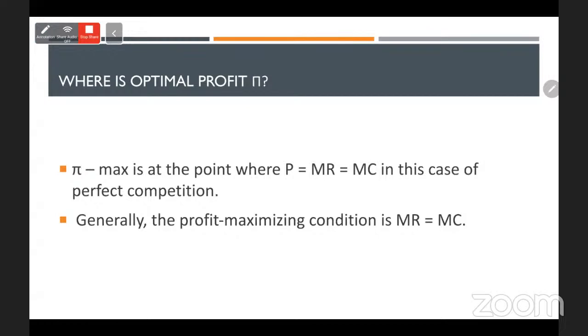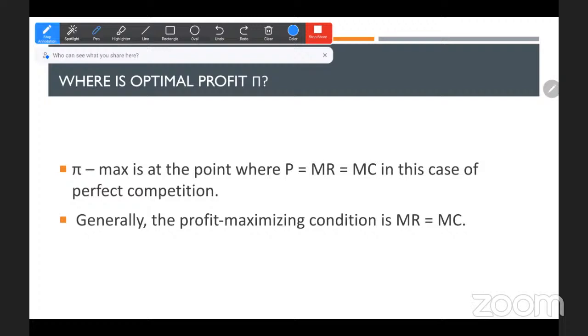Alright. So, profit max is at the point where P is equal to MR and MR is equal to MC. So in this case, it's perfectly competitive. The general profit maximizing condition is MR is equal to MC.